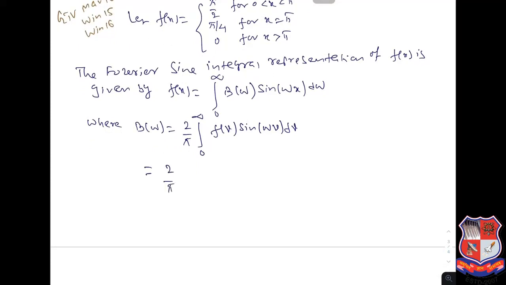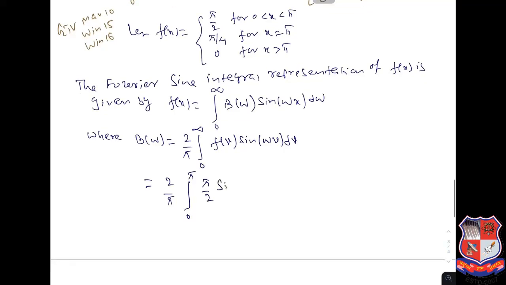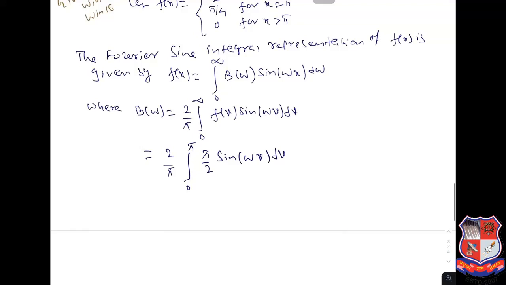So this is equal to 2 over pi. Now see, the function is defined like this: in 0 to pi it is pi by 2, and when greater than pi that is 0. So only we have to consider pi by 2 in 0 to pi. So this 0 to infinity becomes 0 to pi, and the value of f(v) is pi by 2, sin omega v dv.